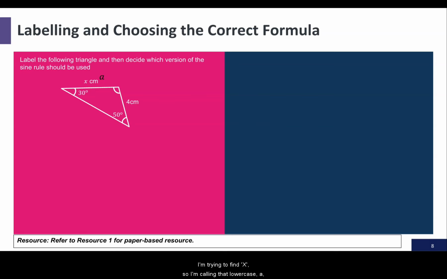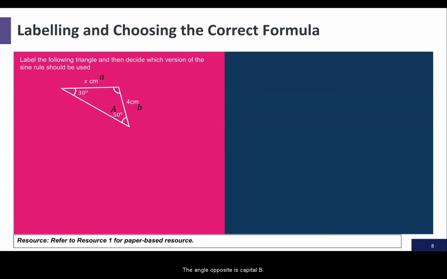I'm trying to find x, so I'm calling that lowercase a. The opposite angle to that is the 50-degree angle, which is now labelled capital A. The next side I've labelled B, which is the 4 centimeter side.